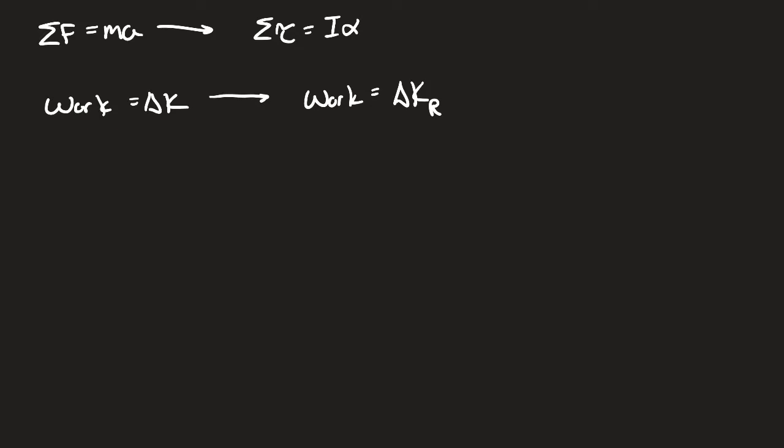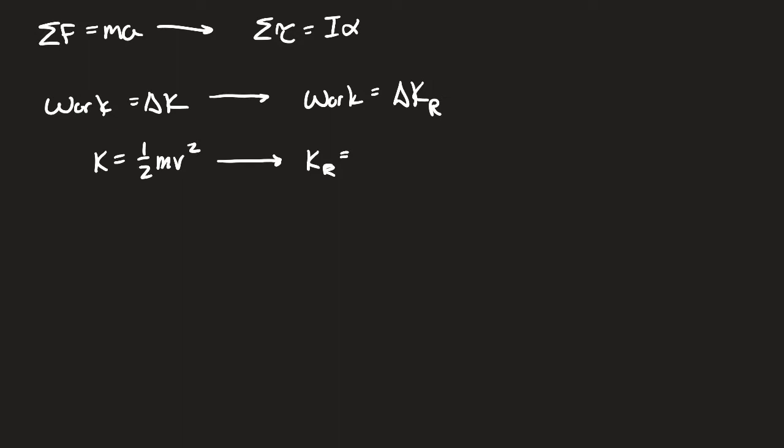Now, I don't want to prove this to you, and I could, but I don't want to. If kinetic energy is 1/2 mv squared, can you imagine what rotational kinetic energy probably looks like? You've seen, I hope, a lot of similarities.